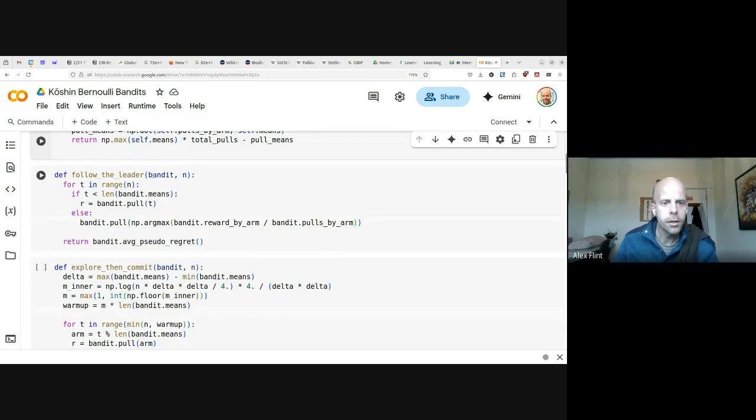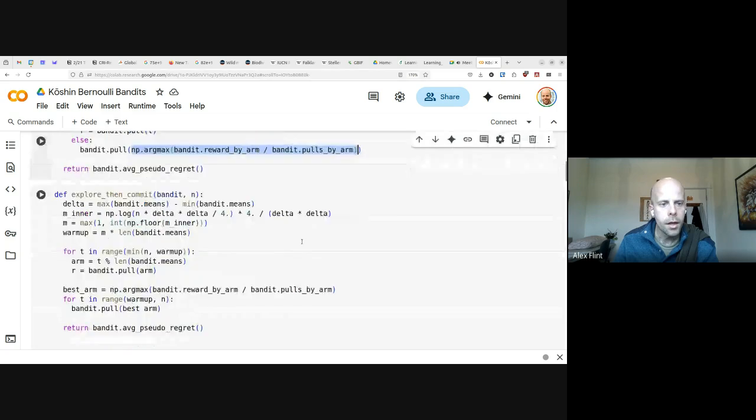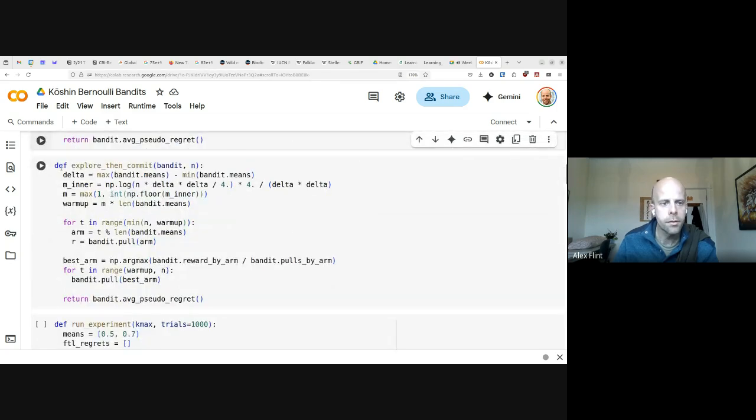So this is follow the leader. Basically pulling each arm once. And then this np.argmax is just a nice way of pulling out, at each time, the best arm so far. And then explore-then-commit. This is the calculation of this parameter m, these first two lines.